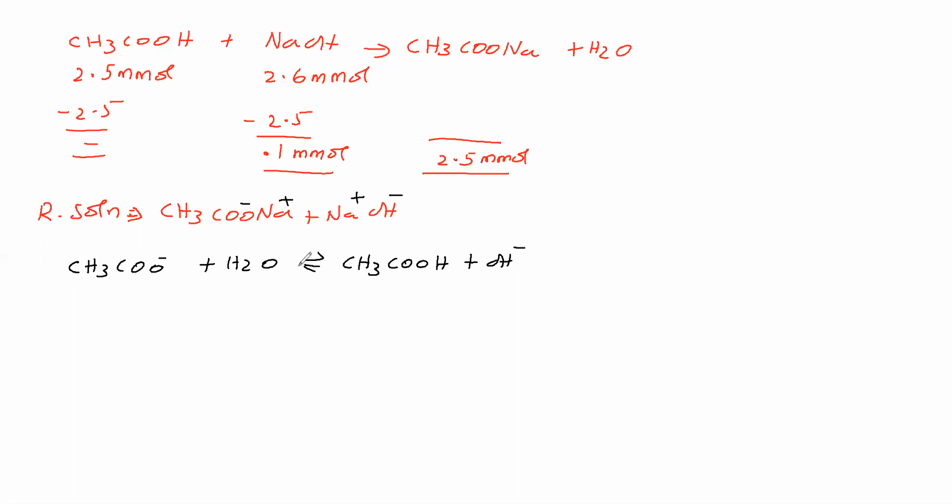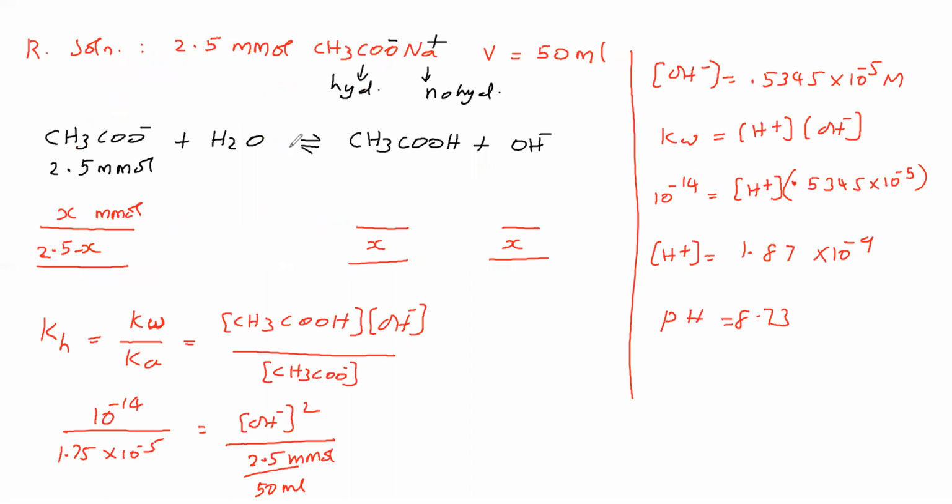Now, sodium hydroxide is there in the resultant solution. This sodium hydroxide gives OH minus ions. Due to sodium hydroxide, the concentration of hydroxide is high. Therefore, the backward reaction is favored. In the earlier case, only sodium acetate was there in the resultant solution, and acetate ion was undergoing hydrolysis.